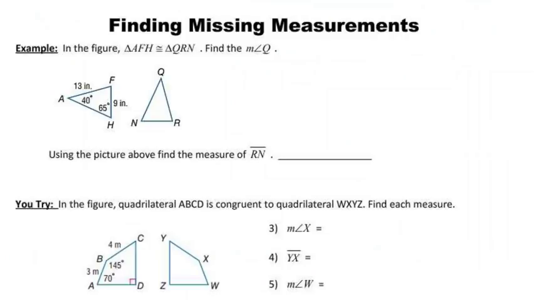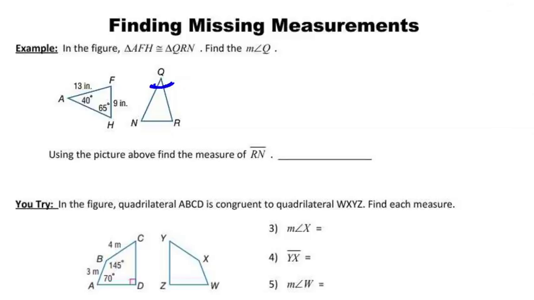So last page, we have one more example, and then you guys are going to try the rest of these. So it says in the figure, triangle AFH is congruent to triangle QRN. Find the measure of angle Q. So we're looking for this measurement here.